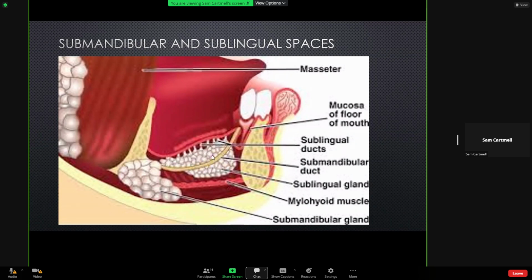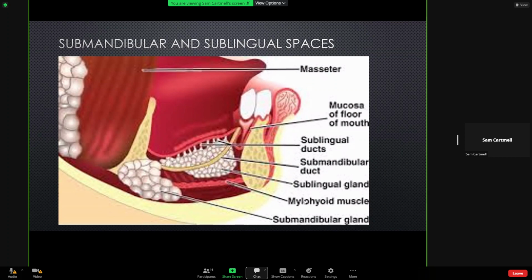This is a cartoon taken sagittally, like the half of the jaw has been cut away here, and we're just looking from the side. The most important barrier here, or landmark to keep in mind, is this mylohyoid muscle, because that is a sling.